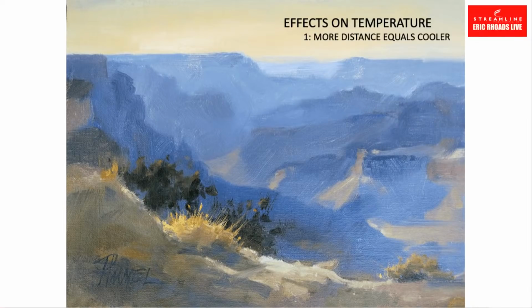What basically happens is that as the yellow drops out and then the red, things appear to get cooler in the distance. I thought this showed that quite well. And again, you can see the yellow in the sky from the pollution. That's a pretty standard thing that people know, that it gets cooler as you move back.